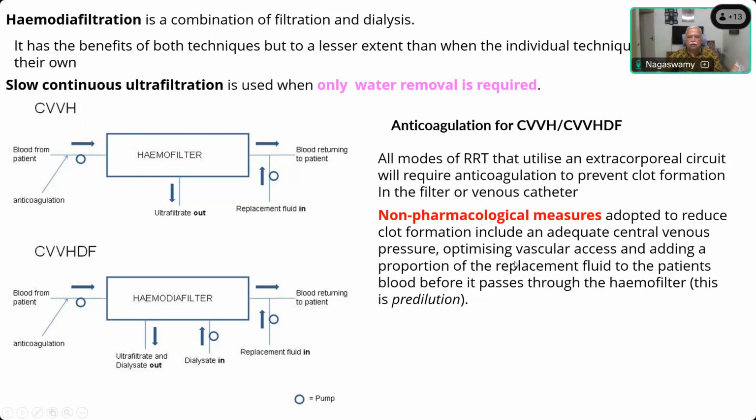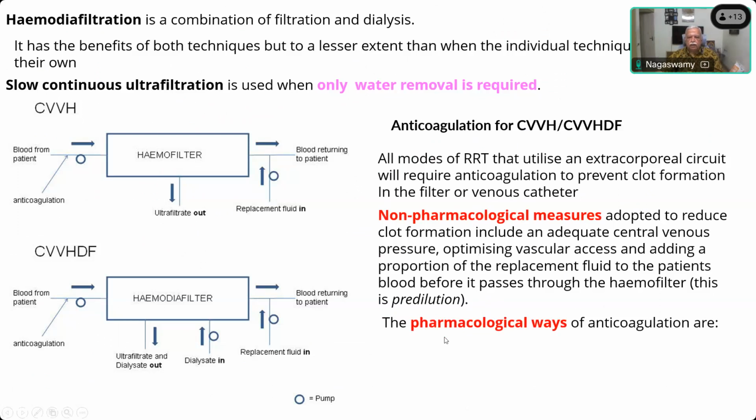So if you have these three things, adequate CVP pressure, adequate vascular access and pre-dilution, that itself will be able to push the blood through the filter into the machine without getting clotted. Now, but you cannot rely on this non-pharmacological method always. They are helpful if you have these three conditions, but they cannot be the sole method of maintaining the anticoagulation.